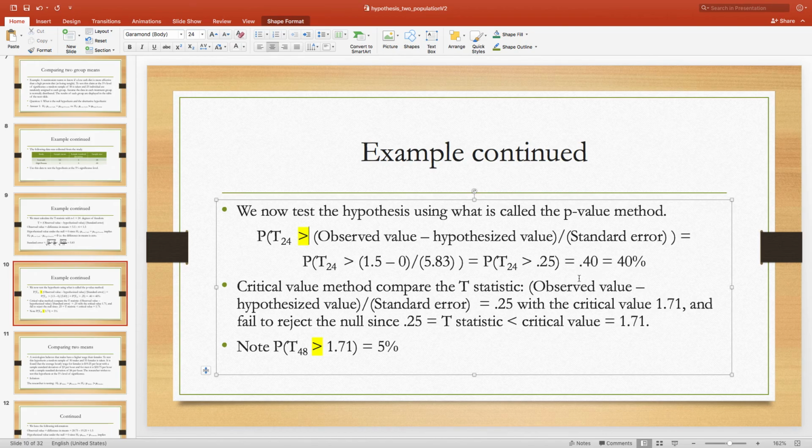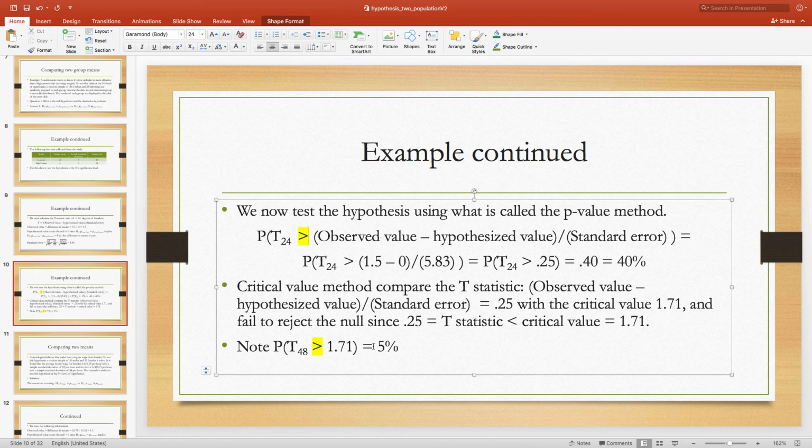Now 40%, that is bigger than the significance level that's specified, which is 5%. Okay. So we fail to reject the null hypothesis.